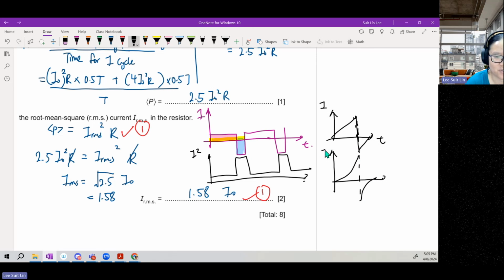And have fun now looking for the area. You will need to integrate already. Integration is not in the syllabus for physics. So I don't anticipate a graph that has changing value. It's always a constant value that swaps instantly, like this type. This one's still okay. This one, you want to find the area, easy. You want to find this area, integrate. But you can't integrate, so you need to count boxes. Don't do it. Okay.